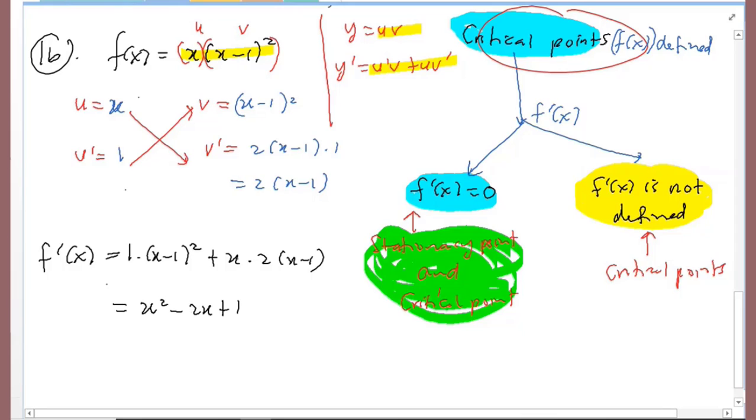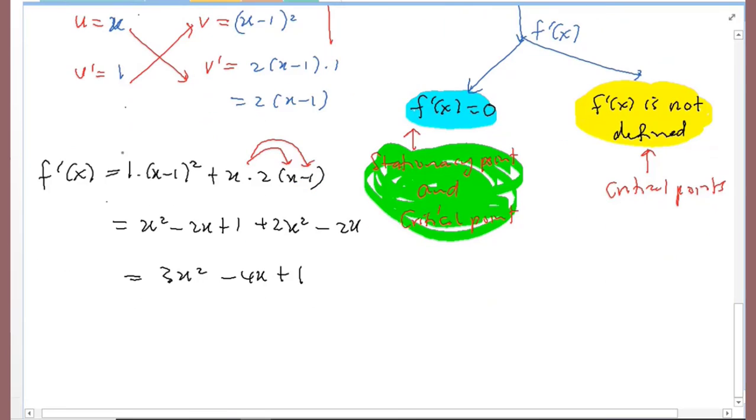The second term is x times 2(x minus 1), which is 2x squared minus 2x. Can we simplify? 3x squared minus 4x plus 1. That is f prime of x.